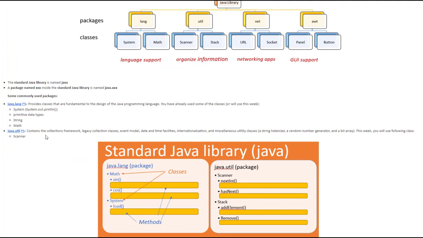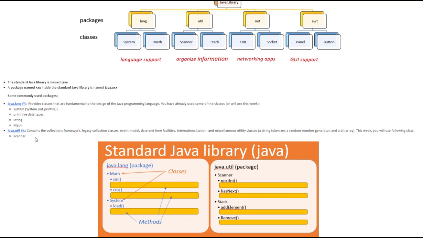Every class in java.lang is automatically available for you. So you've already done System.out.println. So we automatically have those classes for us. You have primitive data types, the String class, the Math class. We're going to talk more about that shortly.